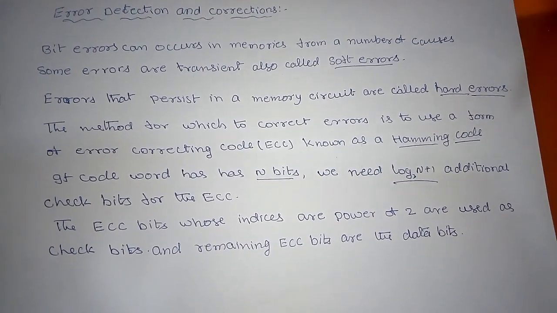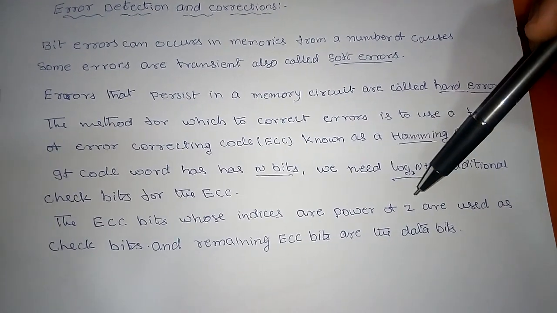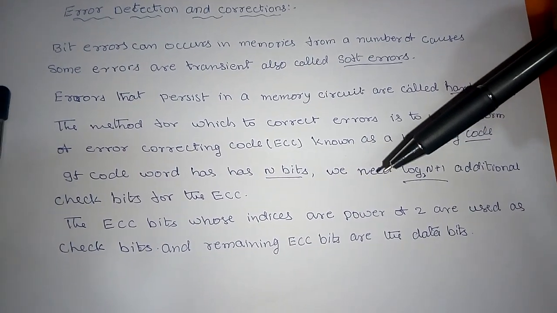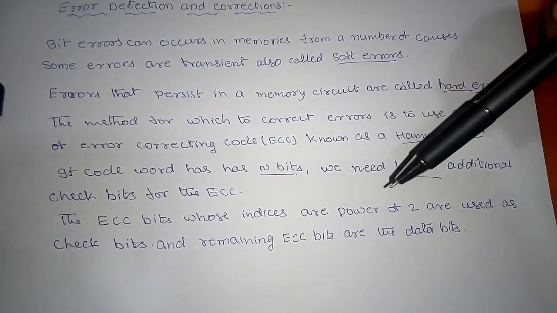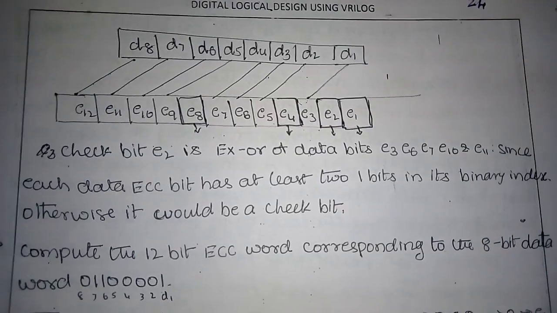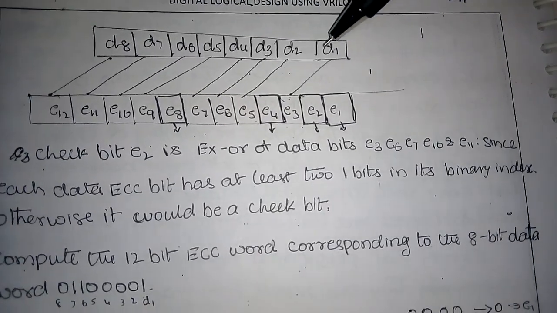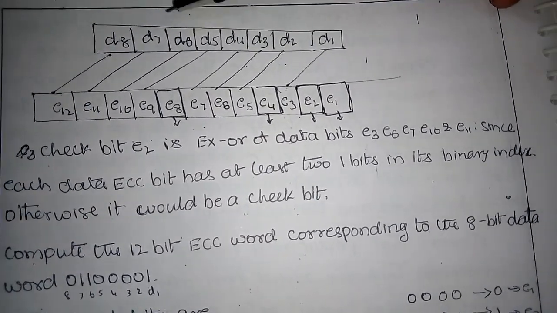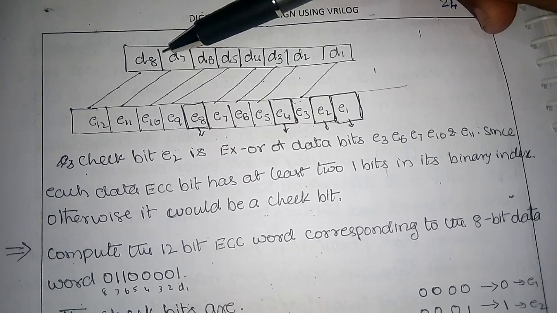The bits whose index is a power of 2 are used as check bits, and the remaining ECC bits are the data bits. The data bits are D1, D2, D3, D4, D5, D6, D7, D8.